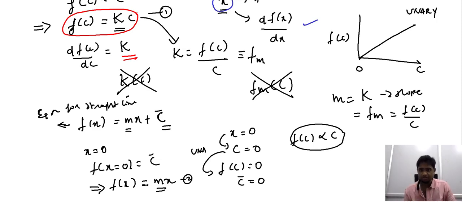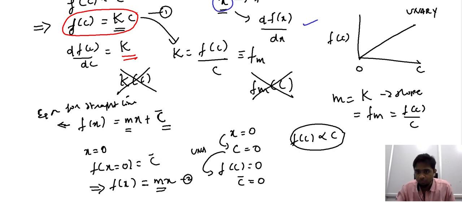The slope of the straight line can be estimated by considering the ratio of f of c and c, that is the free energy and the concentration. The other way is that this slope can also be estimated by considering the derivative of the function, which is constant everywhere.